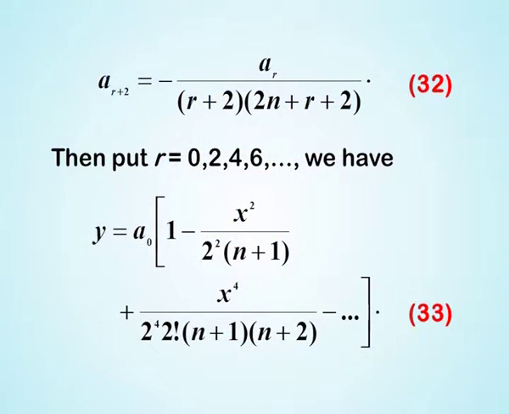beautiful or an elegant shaped equation. We numbered it 33. It is y is equal to a0, and inside the bracket you can see that the numerator is ascending, x square, then we have x4, then we will be having x6. All are alternate positive negative, and in the denominator you can see the first term is 2 square, then we will have 2 to the power 4, then we will have 2 to the power 6. In the first denominator we have factorial 1, then we will have factorial 2, naturally we will have factorial 3.